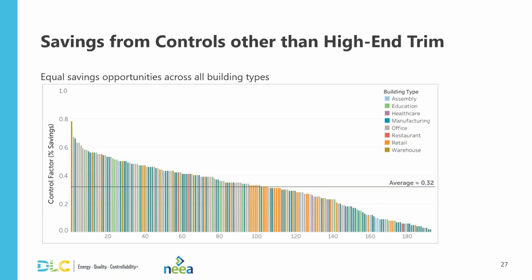So there doesn't seem to be a particular building type with consistently high or consistently low savings. In other words, the savings opportunity from other control strategies is likely to be dependent more on each building and NLC installation and commissioning than on building types.